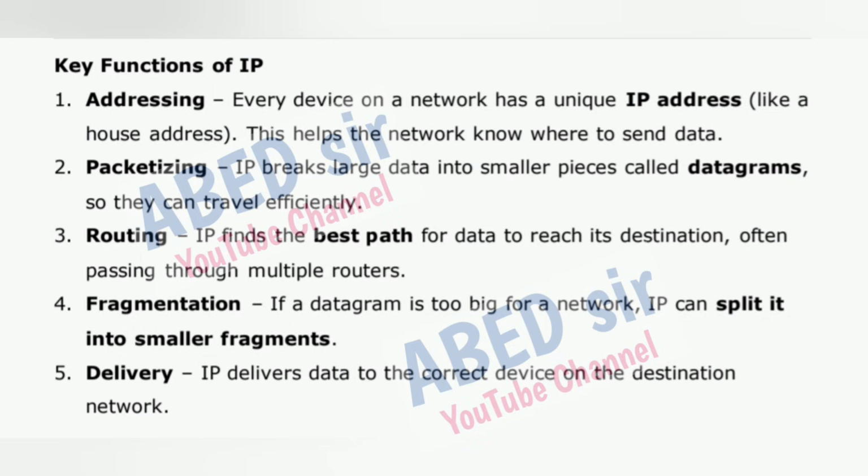Routing. IP finds the best path for data to reach its destination, often passing through multiple routers. 4. Fragmentation. If a datagram is too big for a network, IP can split it into smaller fragments. 5. Delivery. IP delivers data to the correct device on the destination network.